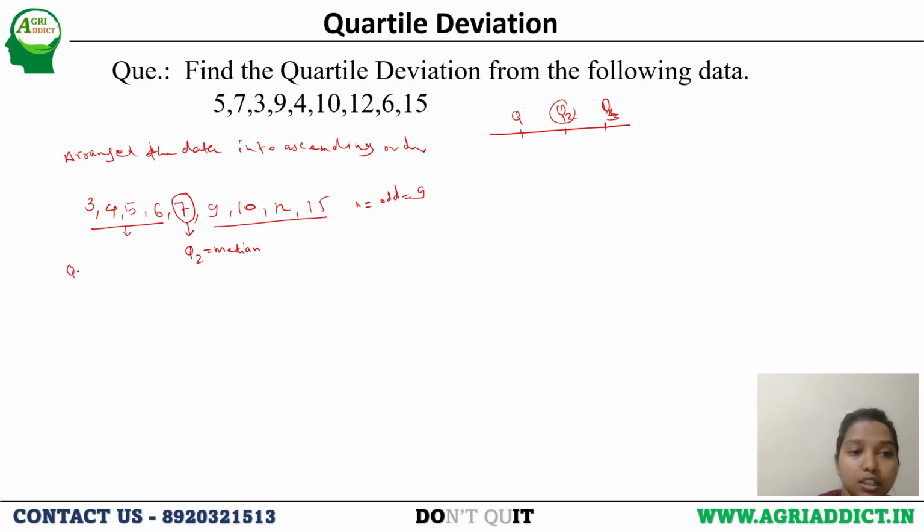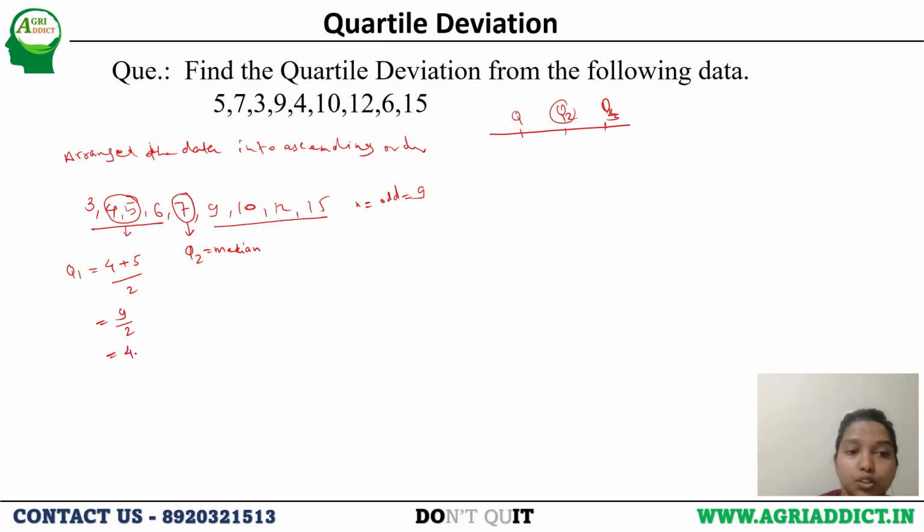So how do we calculate Q1? Let's take the left part as a separate data series. It has 4 observations, and 4 is an even number, so we take the average of the middle two: 4 plus 5 divided by 2, which is 9 divided by 2.